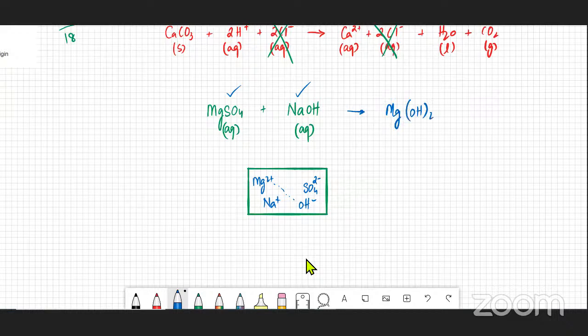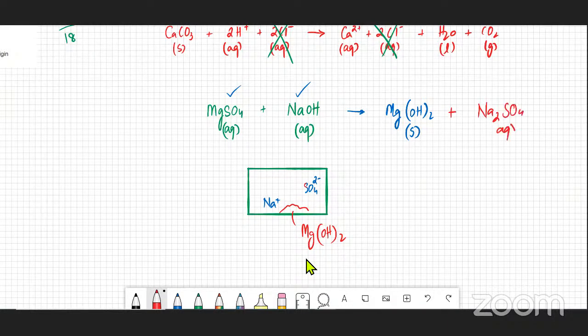Okay, they end up forming MgOH2, which is an insoluble precipitate. तो आपके solution में से ना ये दोनों ions remove हो जाएंगे, and they would form a precipitate, a solid that would sit at the bottom. Okay, that's your MgOH2 solid. Meanwhile, Na and SO4, they would remain part of the solution because they are soluble. So they would remain scattered in the solution.